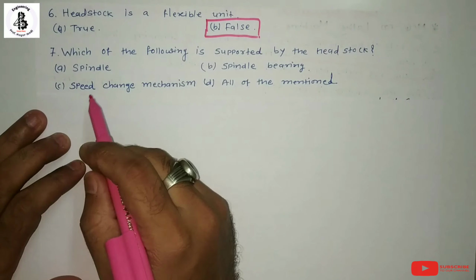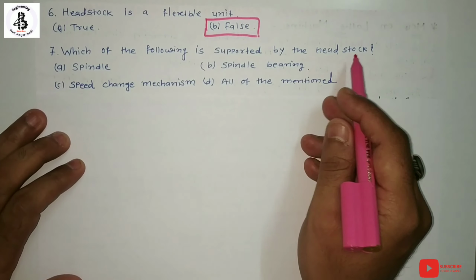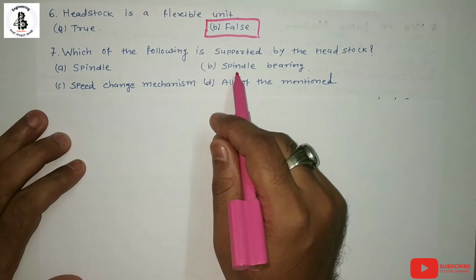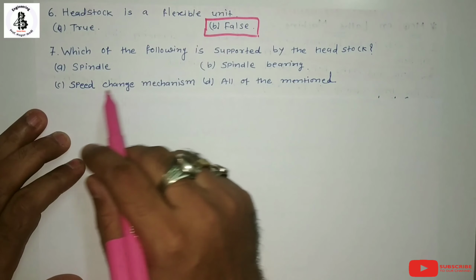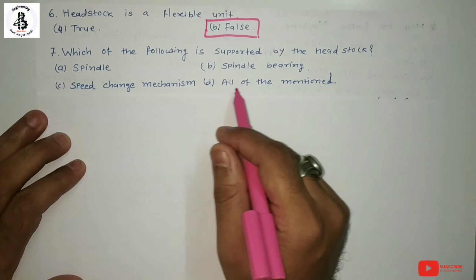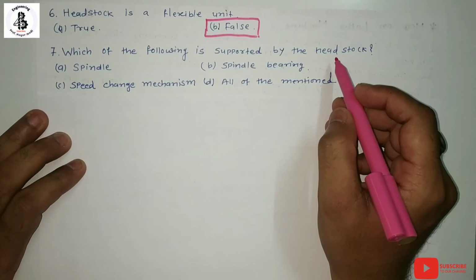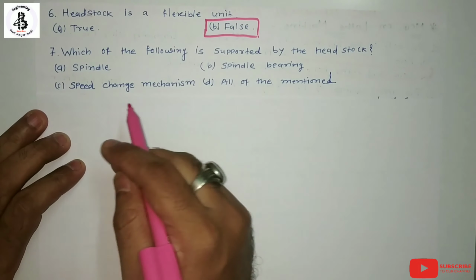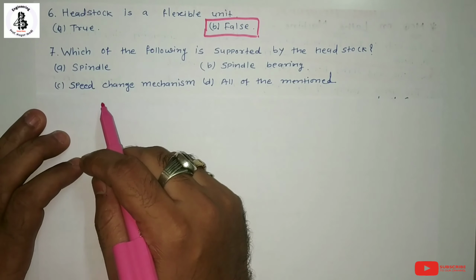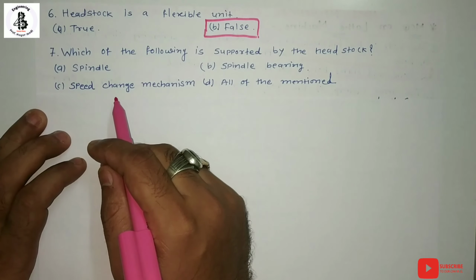Then next question. Which of the following is supported by the headstock? Option A, spindle. Option B, spindle bearings. Option C, speed change mechanisms. And option D, all of the mentions. Basically the headstock is the assembly of all the control units, so it has a spindle, spindle bearings, and speed change mechanisms, or you can say all gear mechanisms, which control the rotation of that spindle.